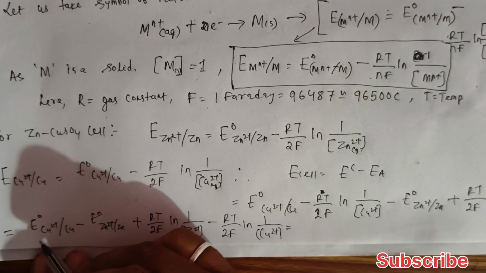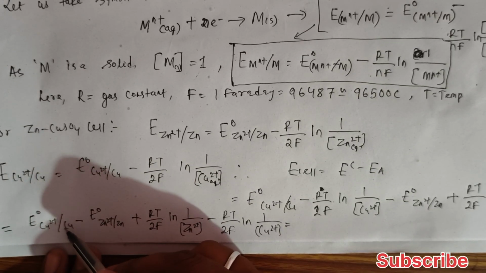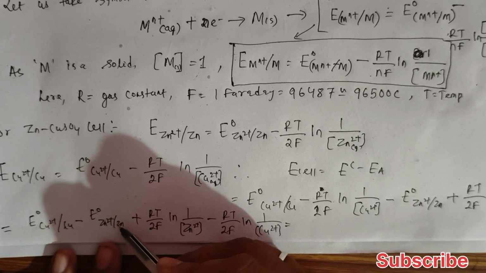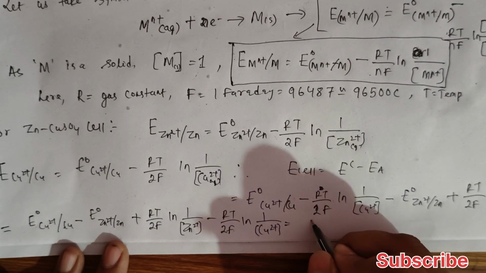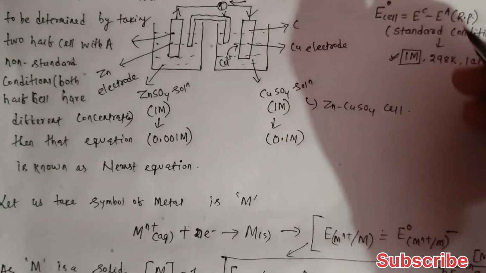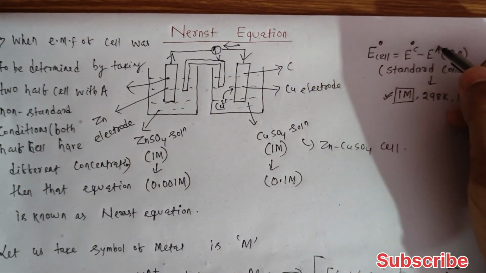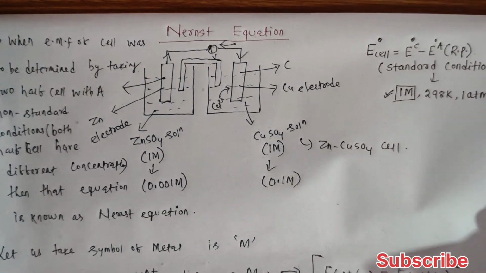Then E naught Cu2+/Cu minus E naught Zn2+/Zn can be written as E naught cell. E naught cell is equal to E naught cathode minus E naught anode.